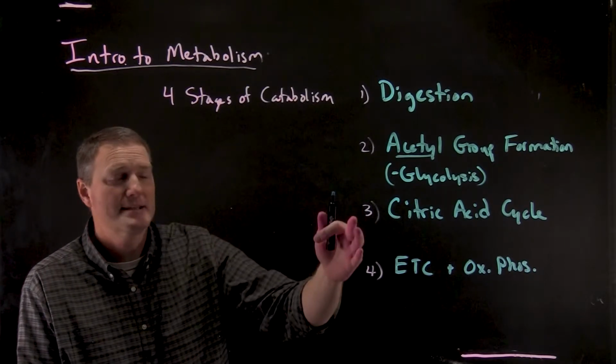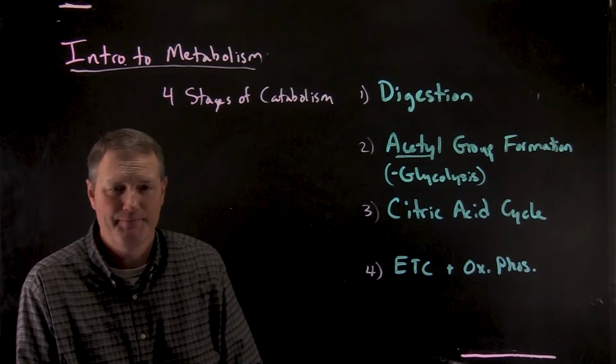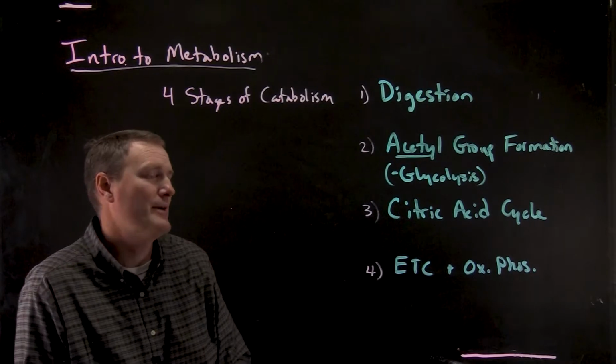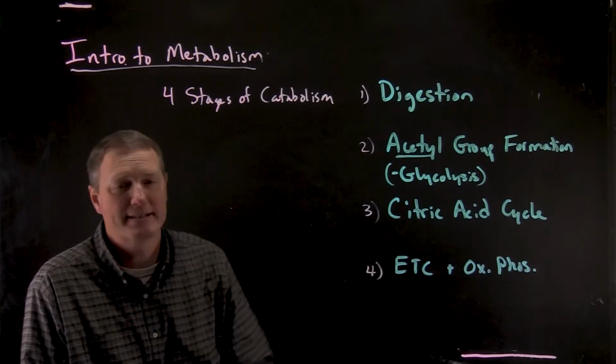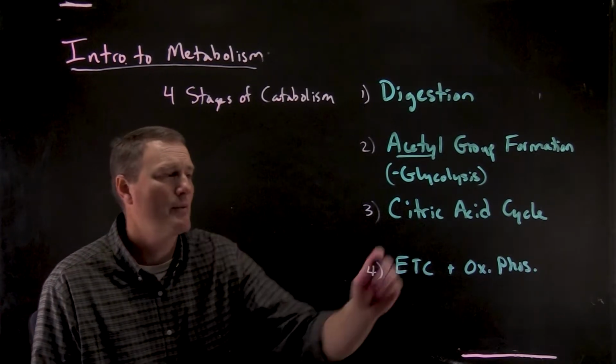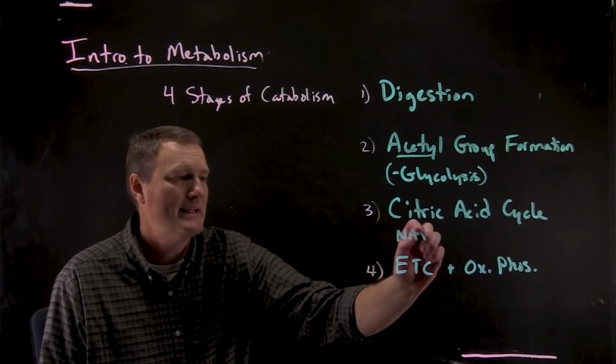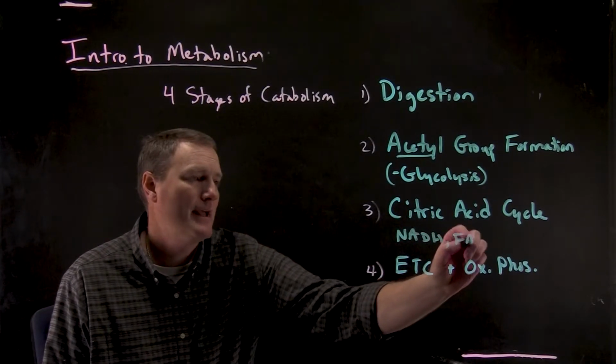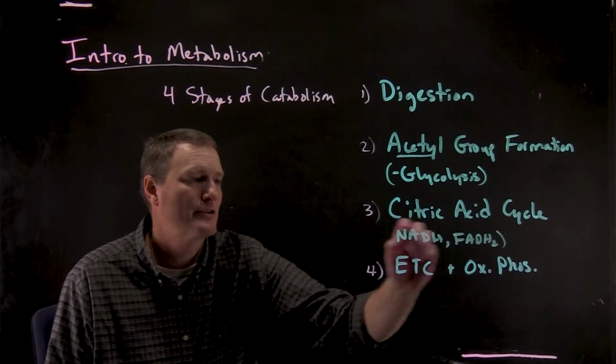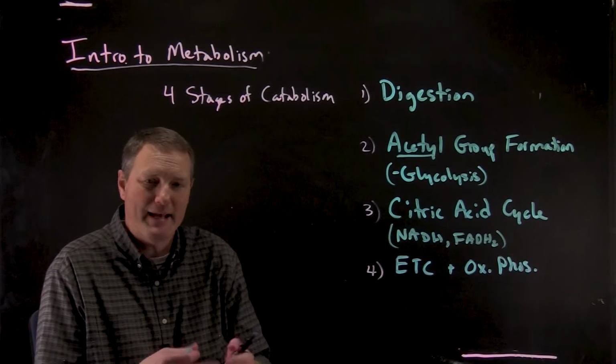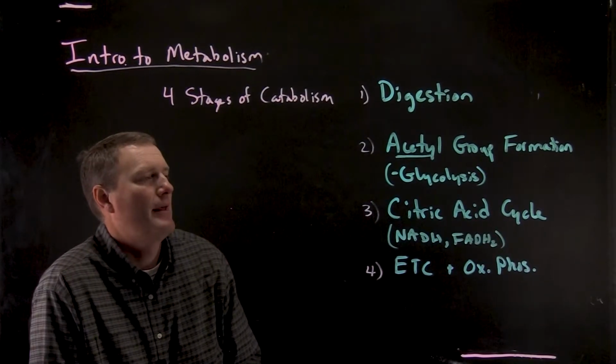The next main phase happens in the mitochondria, particularly in the matrix of the mitochondria. This is called the citric acid cycle. And this is where we're going to be making lots of NADH and FADH2. These are the electron carriers that will be made inside the matrix of the mitochondria.